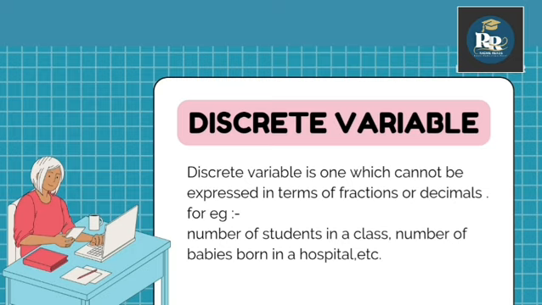So, all the responses contain the numbers which is not in the decimal or fraction form. Like that, if I ask you number of students in the class, so the response will be like 20, 30, 35. It can't be 20.5 or 32.5.